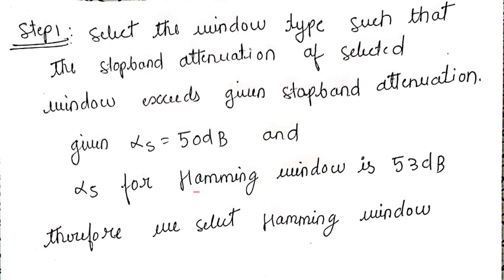The Hamming window has a minimum attenuation of 53 dB, and in the question we are required to have minimum attenuation of 50 dB. Therefore, we select Hamming window to design this FIR filter.